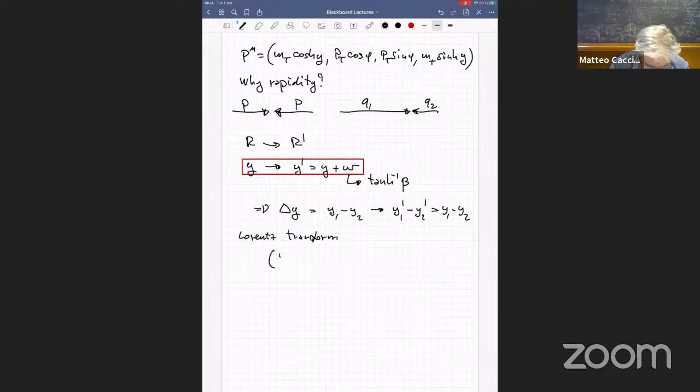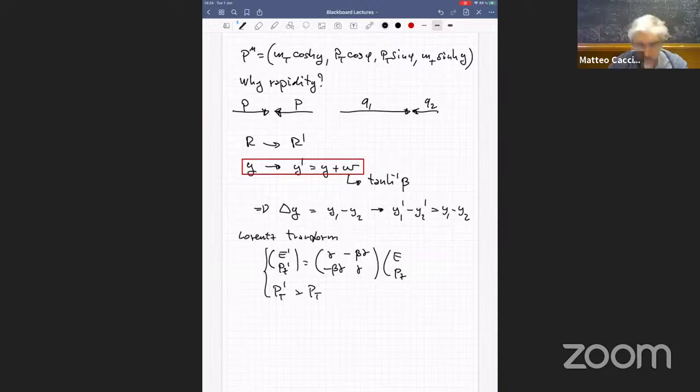So you have, of course, the Lorentz transform: E prime and pz prime are given by the matrix with gamma, minus beta gamma, minus beta gamma, gamma acting on E and pz, and of course pT prime is equal to pT. So this is what I was saying before. When you work with transverse quantities, you don't need to worry about the boost of the center of mass because these transverse quantities don't change.